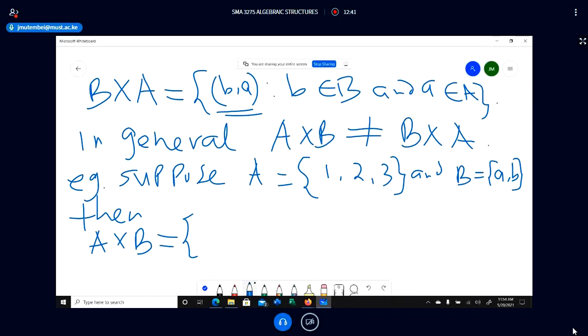So we shall have these pairs: (1, a), (1, b), (2, a), (2, b), (3, a), (3, b).